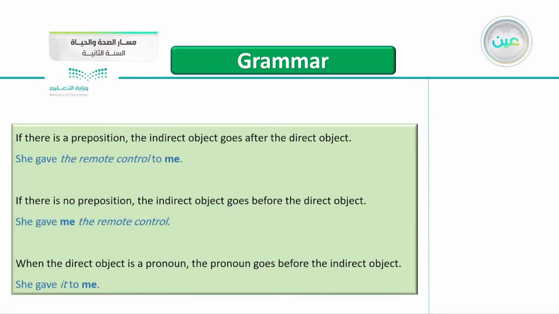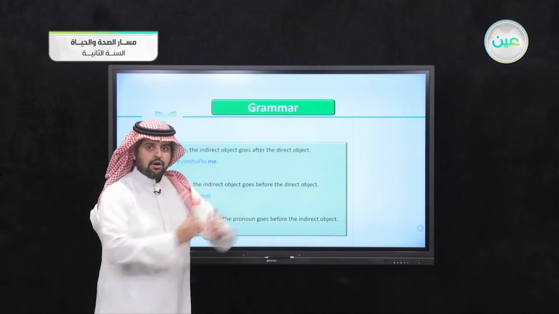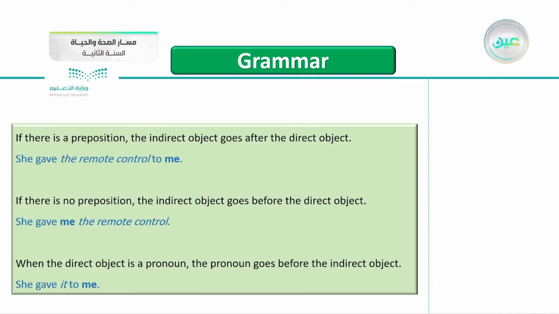If there is a preposition, the indirect object goes after the direct object. Notice here again, if there is a preposition, what happens? The indirect object goes after the direct object. So this tells us the order of the sentence. She gave the remote control to me.